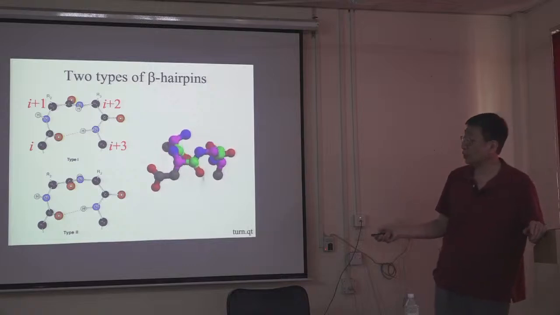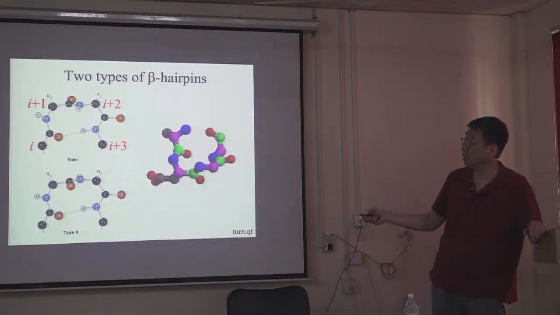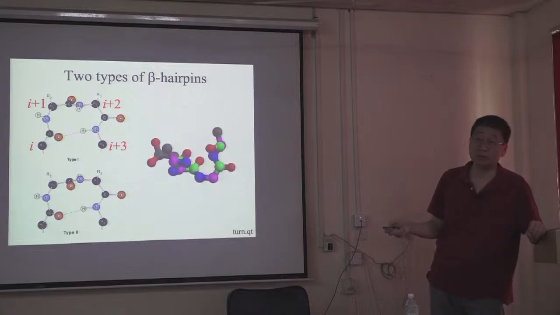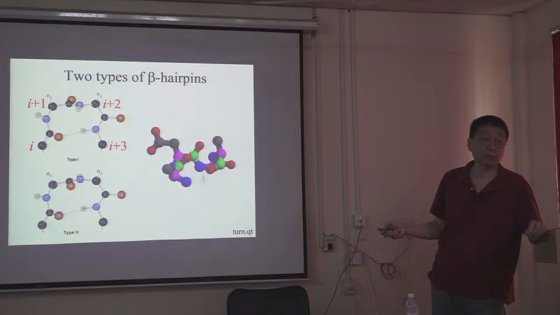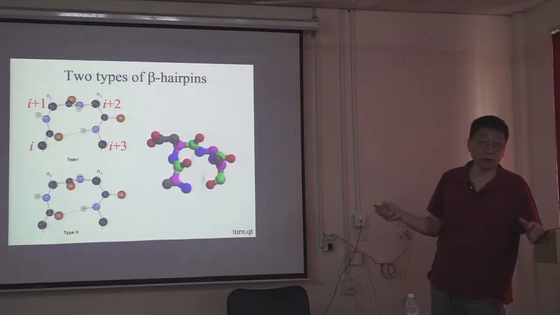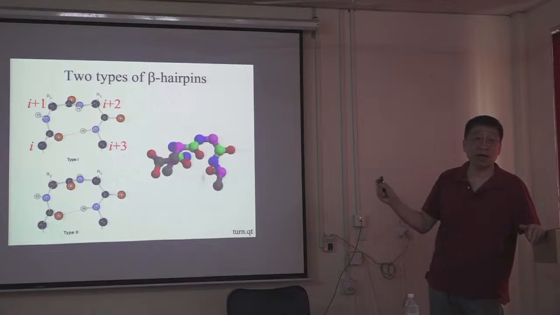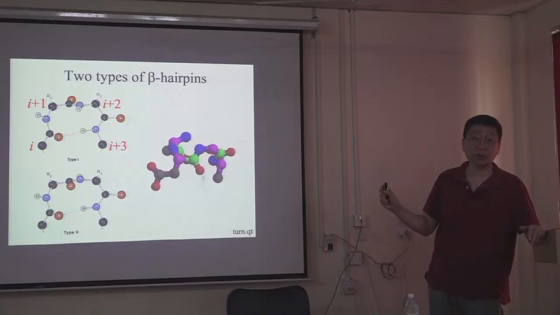So type 2 beta reverse turns or beta hairpins typically have a glycine at the third position because of the steric hindrance problem. Glycine, having no side chain, has many unique roles in protein structures. It can fit in tight spots where no other residue can fit.